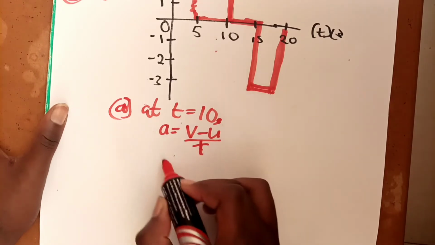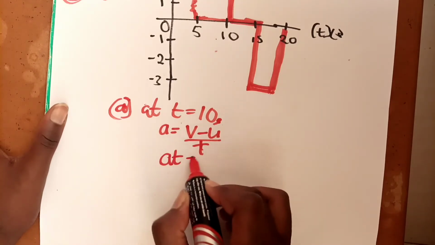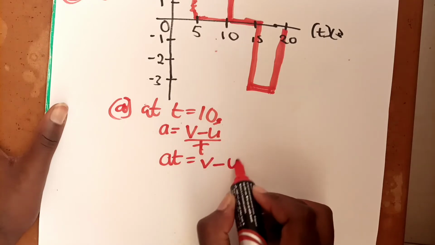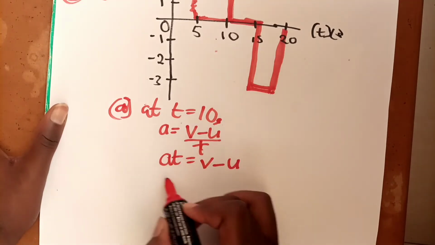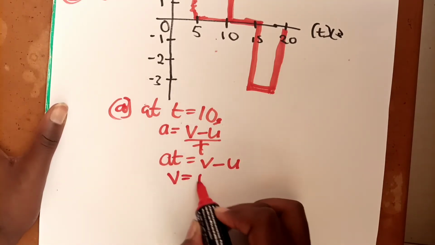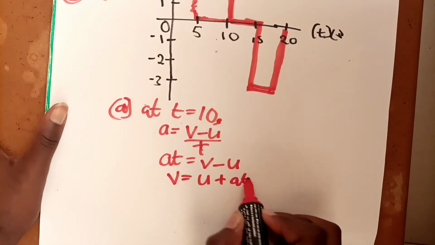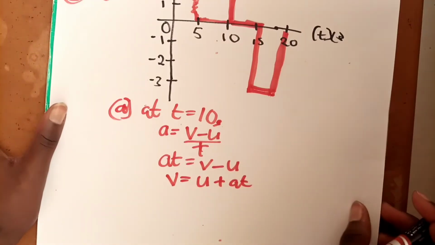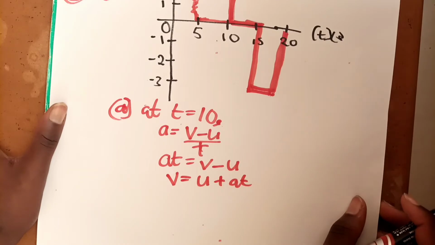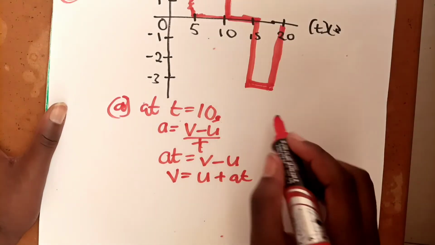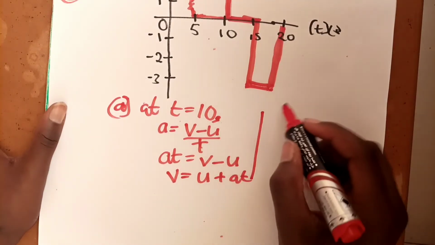Then when you cross multiply, you have at equal to v minus u, final minus initial. Then when you take the u side, you have v equal to u plus at.